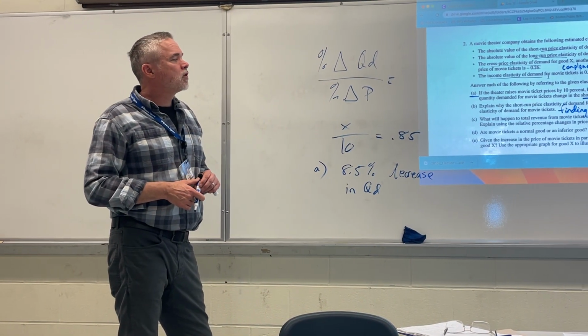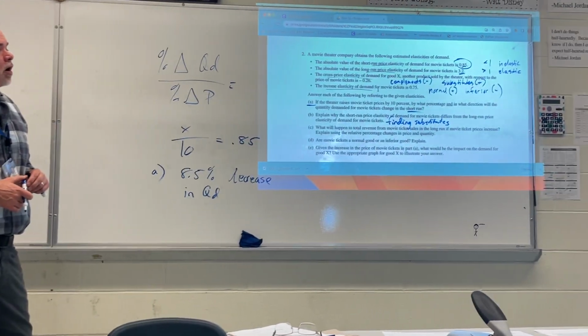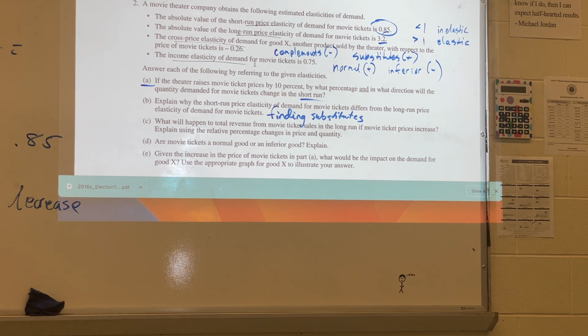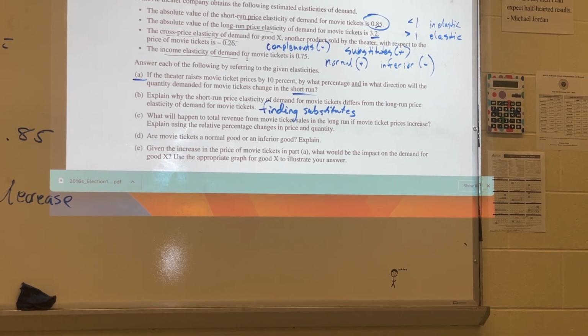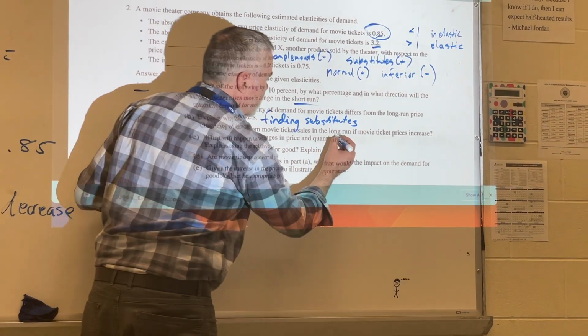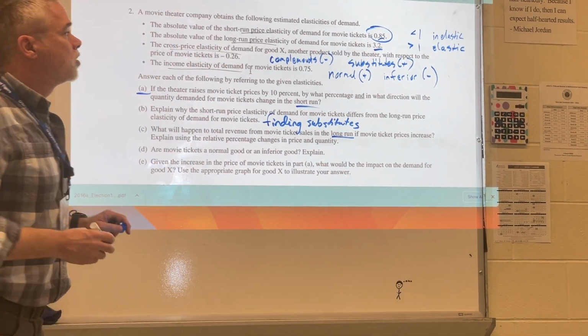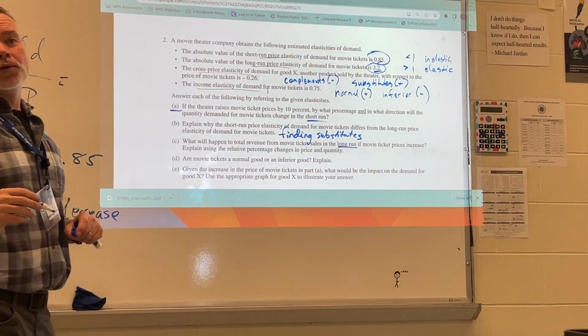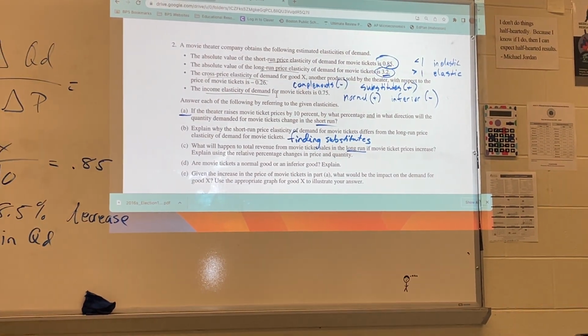C, what will happen to total revenue from movie ticket sales in the long run if movie ticket prices increase? Explain using the relative percentage changes in price and quantity. So we're switching over to long run here. You want to identify that, which means that we're going to be working off of this coefficient of 3.2, and the good's elastic.